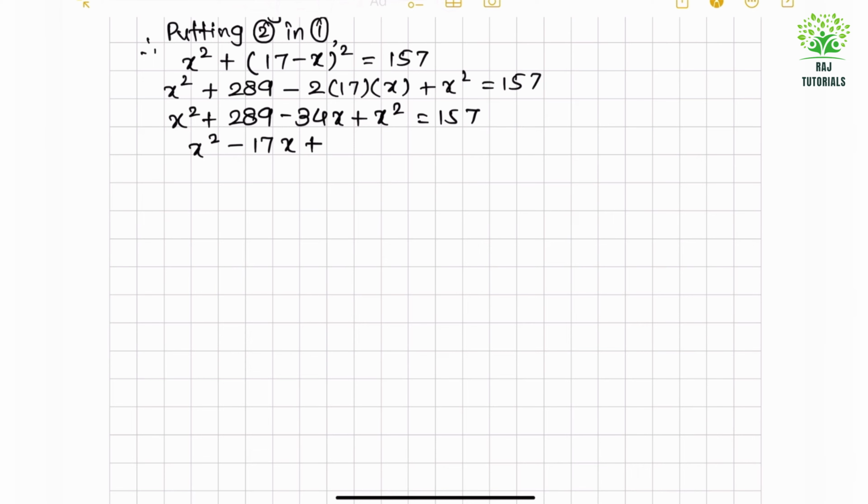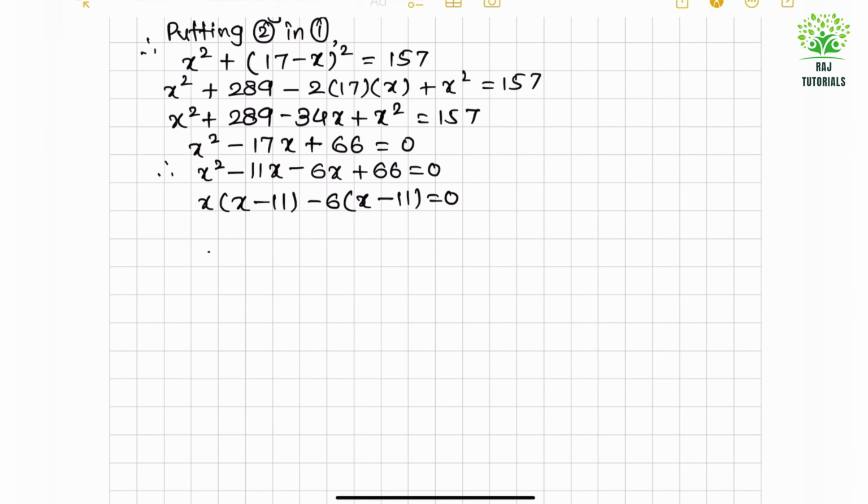Solving the whole equation, I will get x square minus 17x plus 66 equal to 0. Splitting the middle term, I will get x square minus 11x minus 6x plus 66 equal to 0. Taking x common from the first two, x minus 11, and minus 6 common from the next two, x minus 11 equal to 0. Therefore x minus 11 or x minus 6 will be 0. Therefore x equal to 11 or x equal to 6.